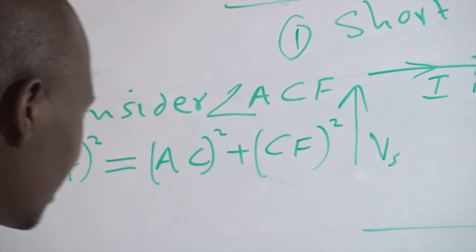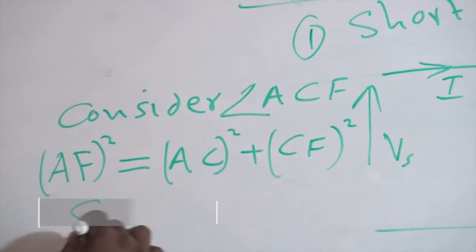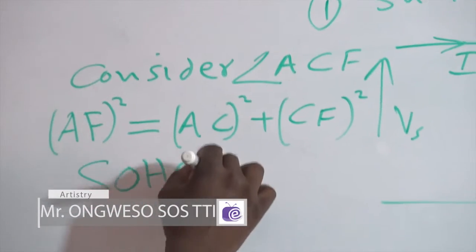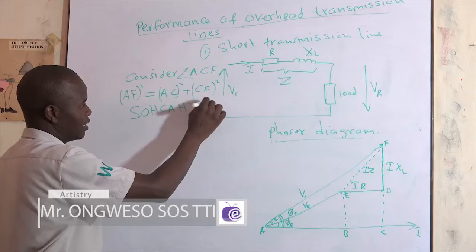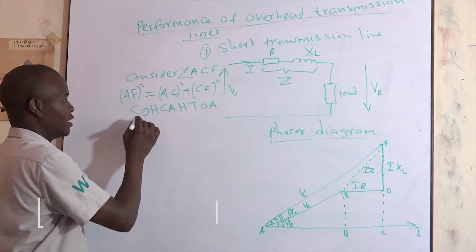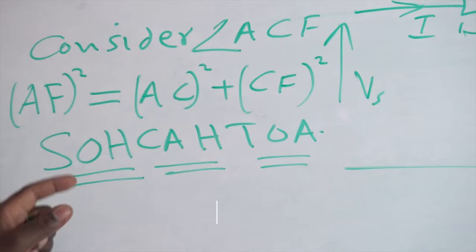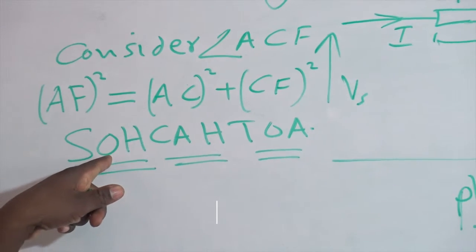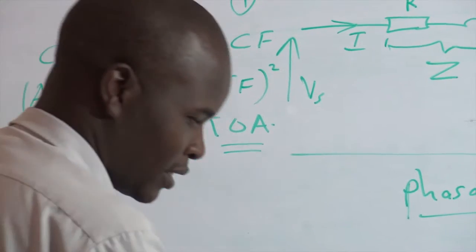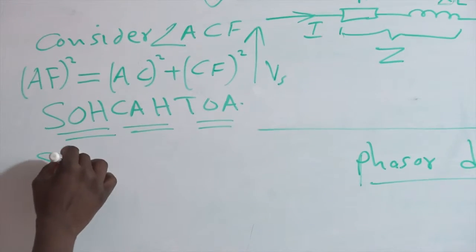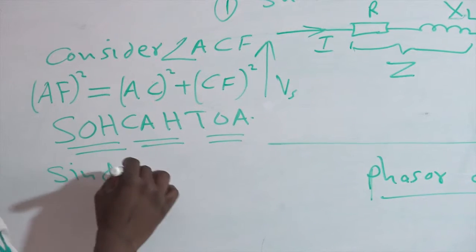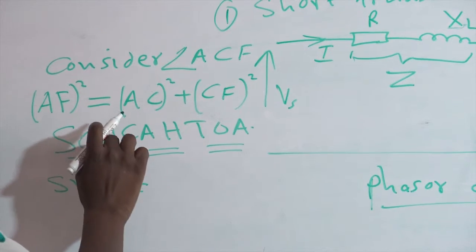Using the famous formula SOHCAHTOA, sin phi r equals opposite over hypotenuse.